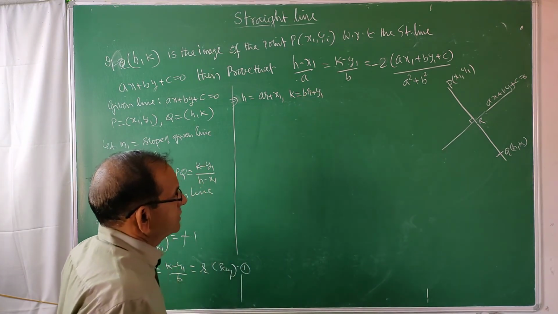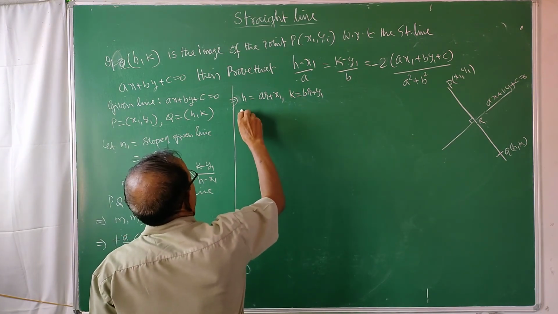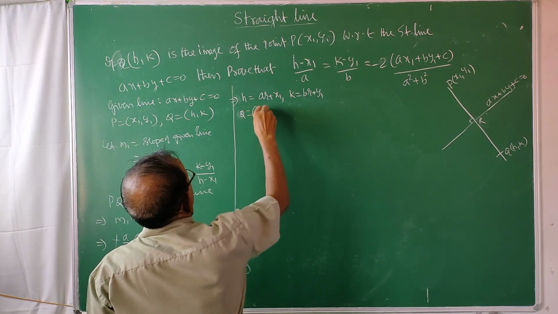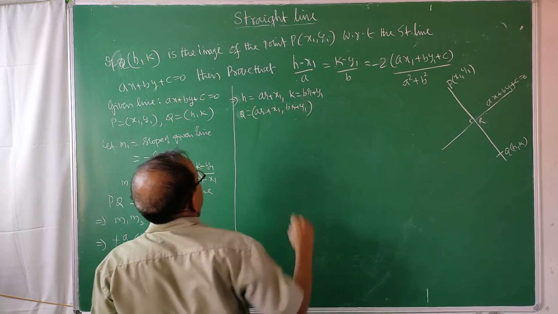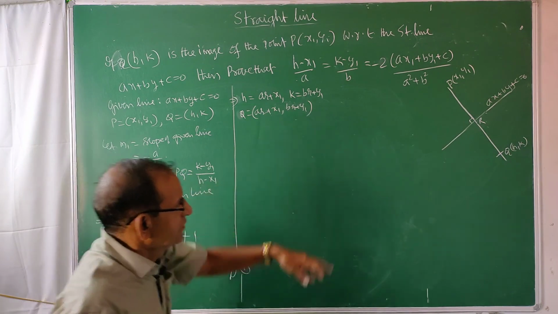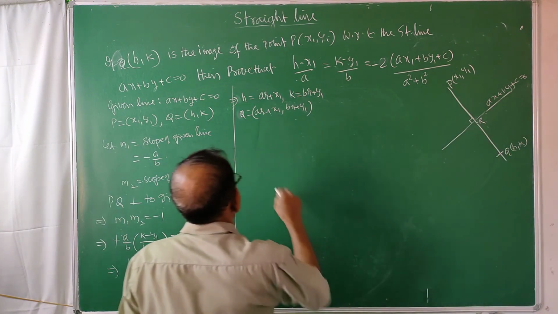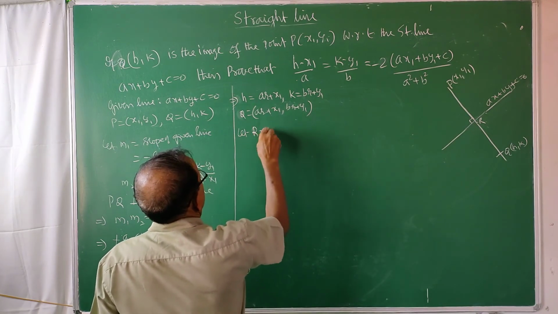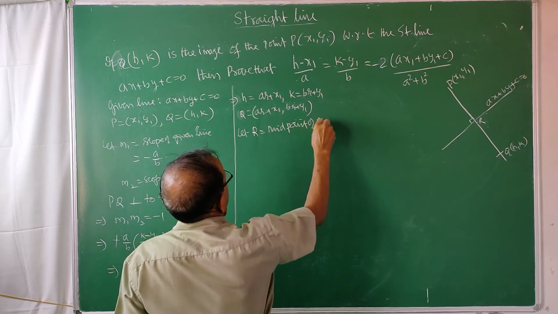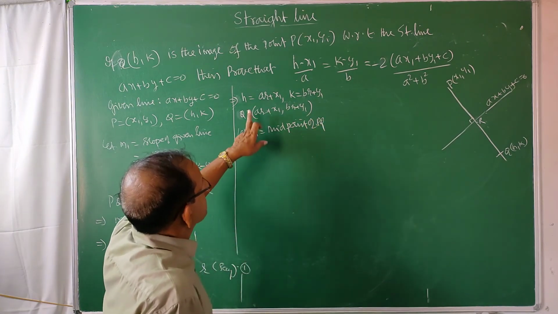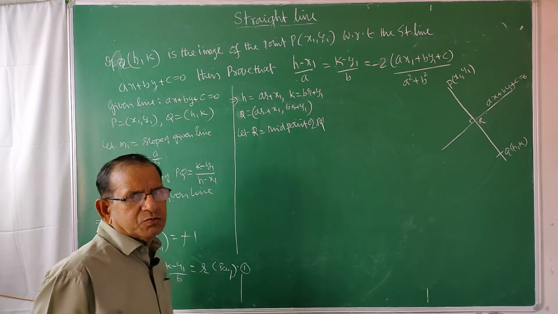So I have got the coordinates of Q. So Q is equal to this one, (AR plus x1, BR plus y1). These are the coordinates for Q. Let us take the midpoint of PQ as R, capital R. Let R be the midpoint of PQ. P is (x1, y1) and Q is this one. Take the midpoint formula, (x1 plus x2 by 2, y1 plus y2 by 2).